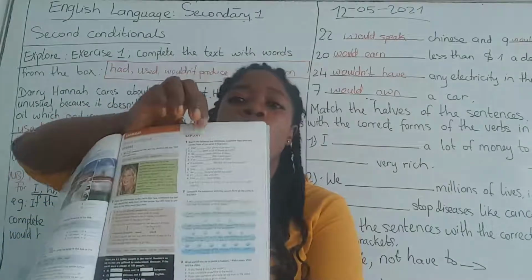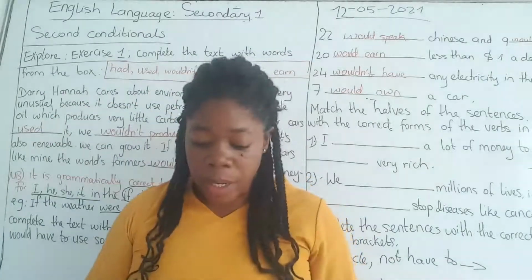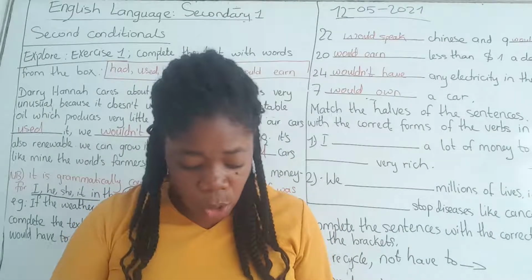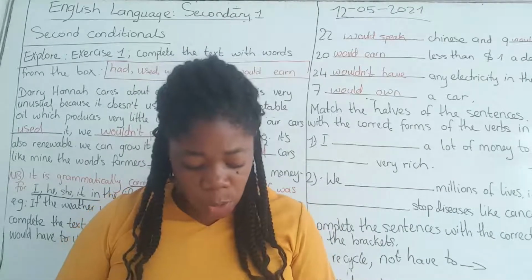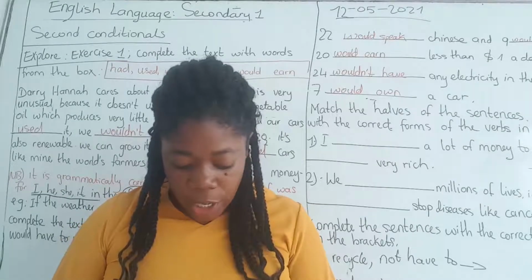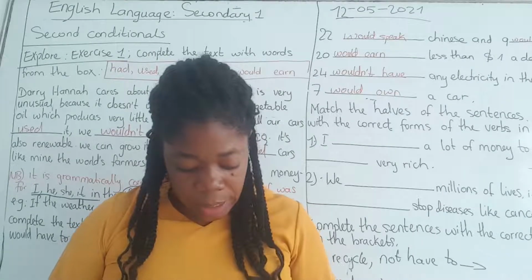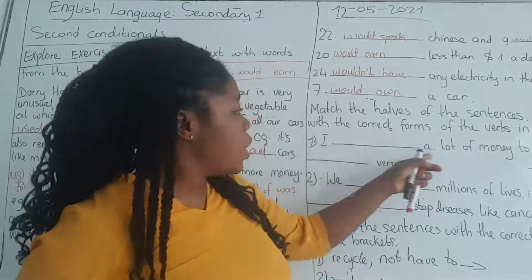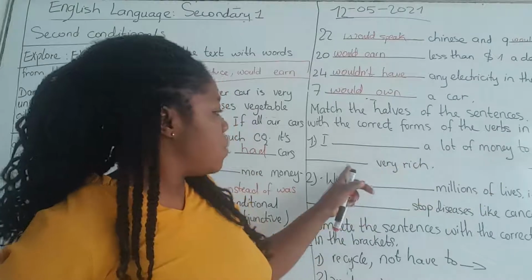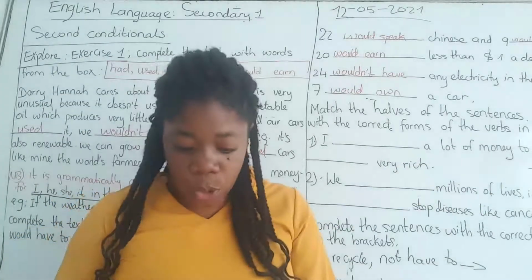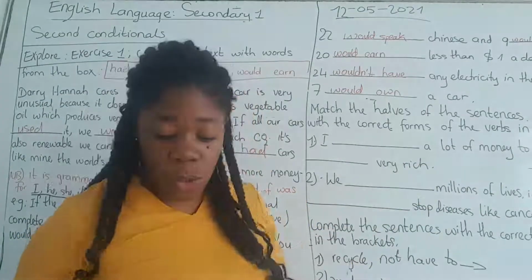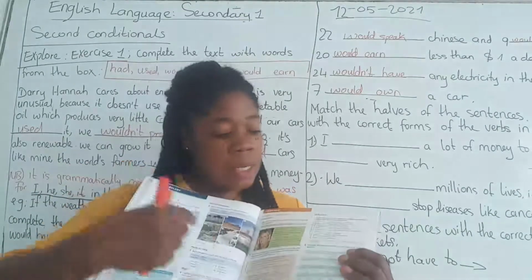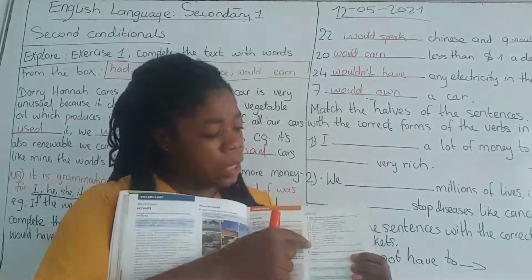Exploit, exercise 1. Number 1 has been done for us, so we'll move straight to number 2. I blank a lot of money to charity, blank very rich. They say we should complete and match it to the sentences that are numbered A to E here.